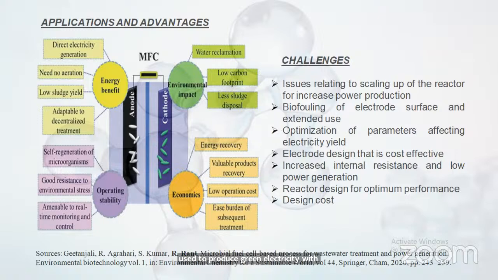As anolyte, we can use wastewater, which can be of agricultural, domestic sewage, or industrial origin. In that way, we can get good energy recovery and low operation cost, because the overall process is sustainable because of the production of energy.